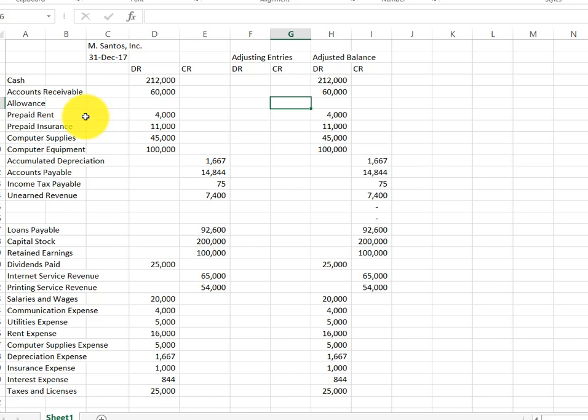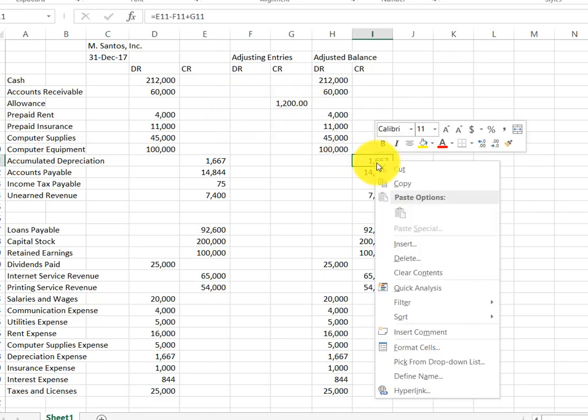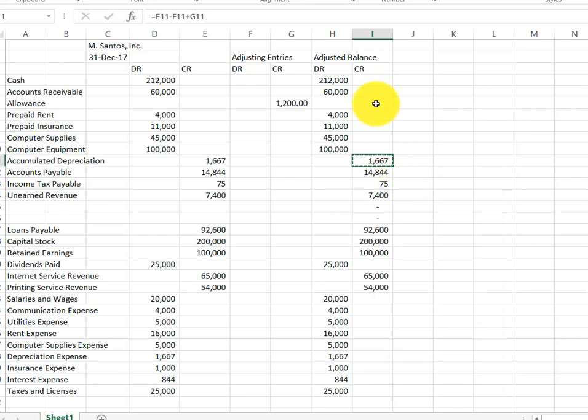That would be our accounts receivable times 2%, or 0.02, and 1,200 would be your credit in the adjusting entries. Equals. Now we make sure our formulas are working. So we need a formula that's going to add those together, and we're going to copy it from down here, and we have that $1,200.